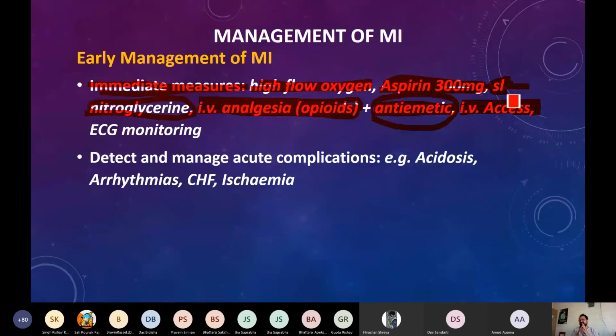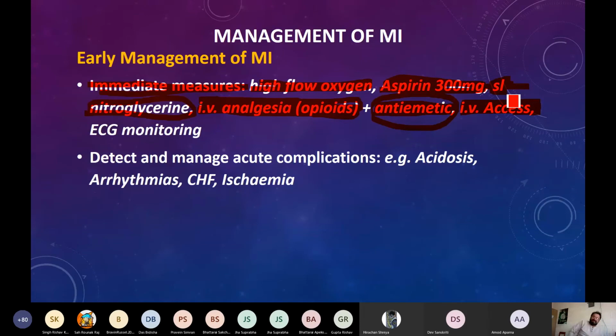So after the ECG, you have established that this is MI, then detect and manage the complications like acidosis and arrhythmias. Arrhythmia will be diagnosed by this ECG only. For acidosis, we have to send the blood for ABG, arterial blood gas.